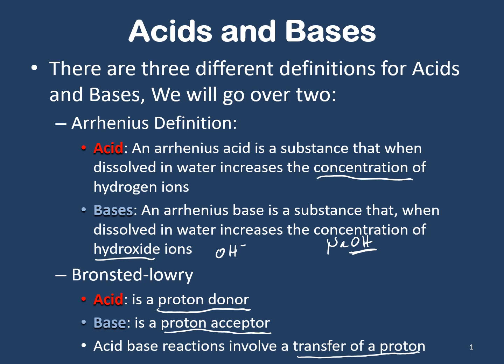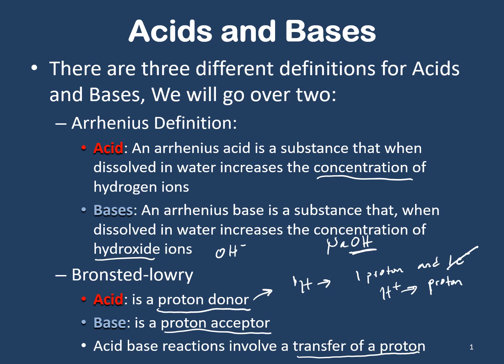Now, what do we mean by proton donor? Well, if you think about a hydrogen atom, hydrogen-1 atom contains 1 proton and 1 electron. But if we look at H+, well, we lost that electron. So H+ is really the same thing as just saying, hey, this is a proton. So that's where that vocabulary comes from.